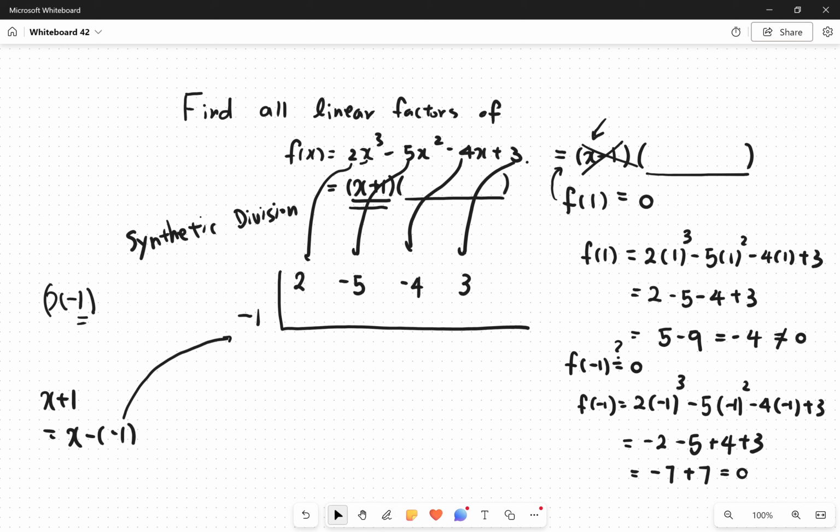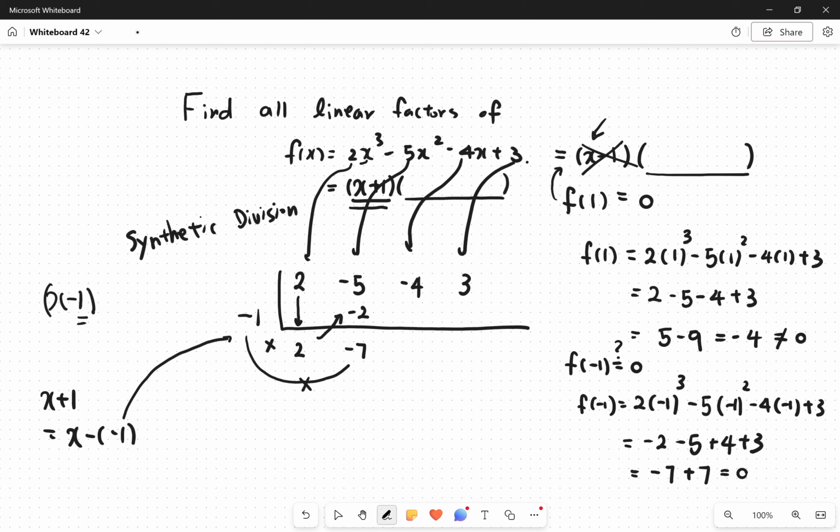So what we're going to do is 2 goes down here, and we multiply and write the result right below negative 5, so negative 2. Then we add these two numbers and write down below: negative 5 plus negative 2 is equal to negative 7. Then we do the same thing.